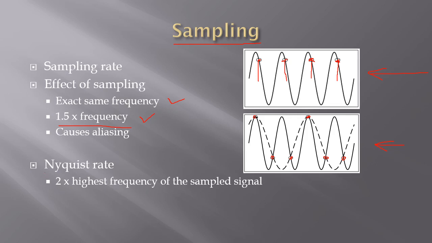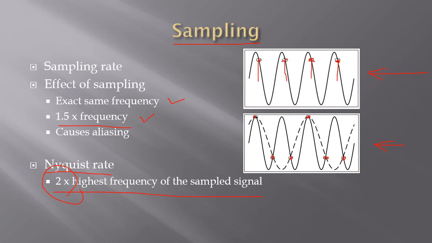So Nyquist did research and said that if we want to sample, we have to sample at least twice as high as the highest frequency component of the signal. Twice, minimum is twice.